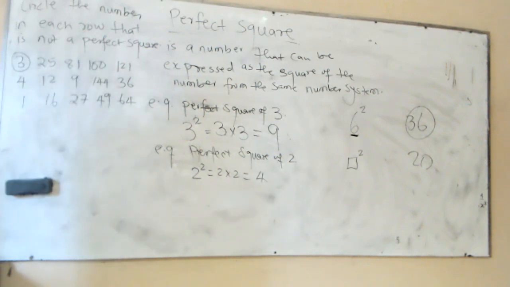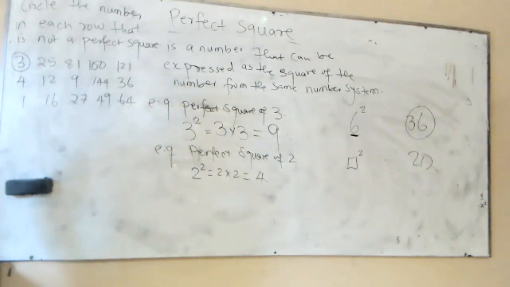And 100, is 100 a perfect square? No. All right, why do you say it's not a perfect square? Oh, it's a perfect square, because 10 to the power 2 is 100.